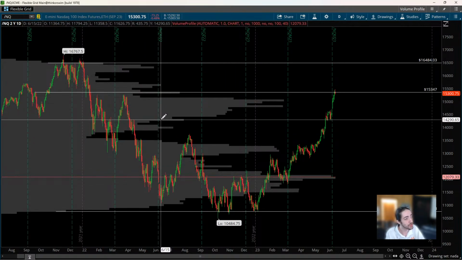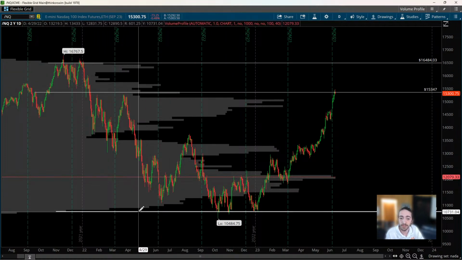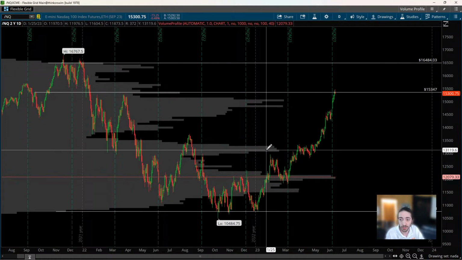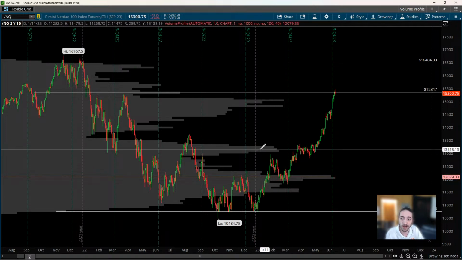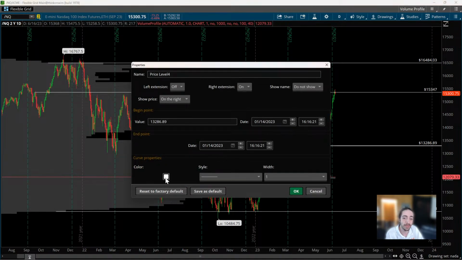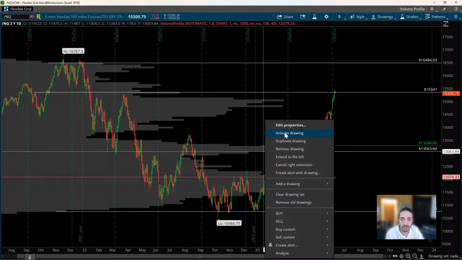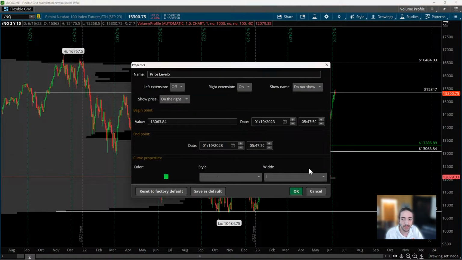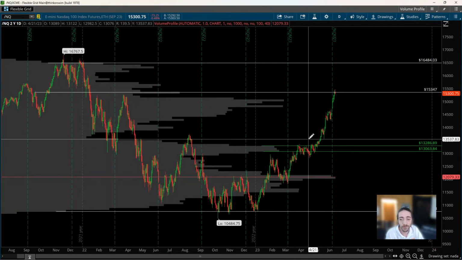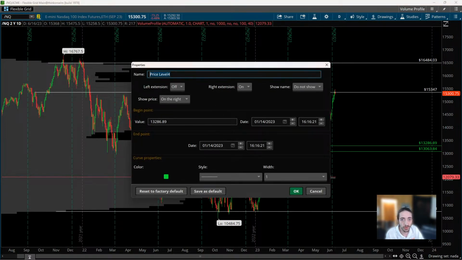What you could do for this is mark out the top and the bottom. You can mark out the really high volume ones, right? You could do this right here, and maybe make it green for the high volume ones. Then you could remind yourself, or even label these POC, point of control, or high volume node, HVN, guys.